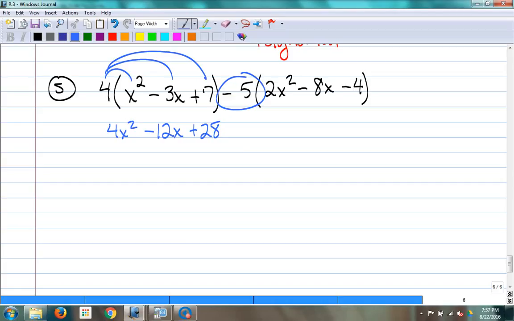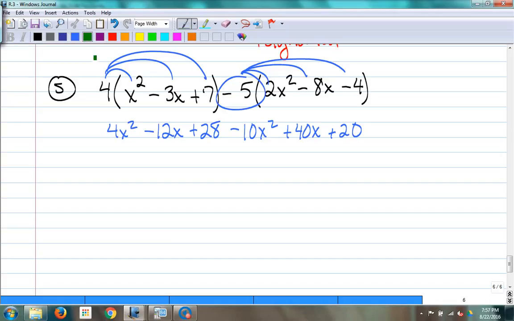And that can cause you some sign mistakes as you go. So distribute negative 5 to all 3 terms. That'd be a minus 10x squared. That turns it into a plus 40x and then a plus 20. So if you did not distribute the negative sign, you could very, very easily miss the signs. And you'd still have like terms, but it just wouldn't come together to be the right amount of like terms.